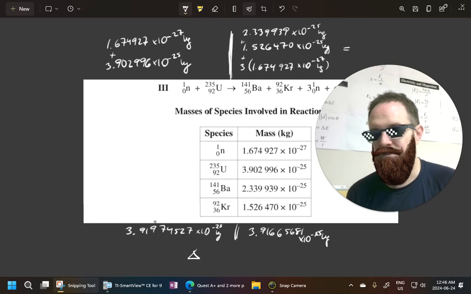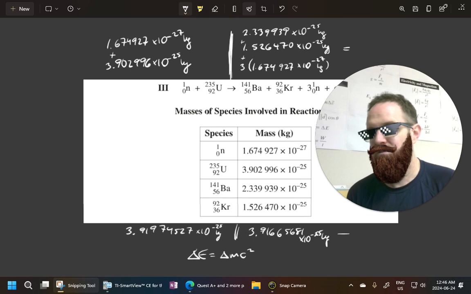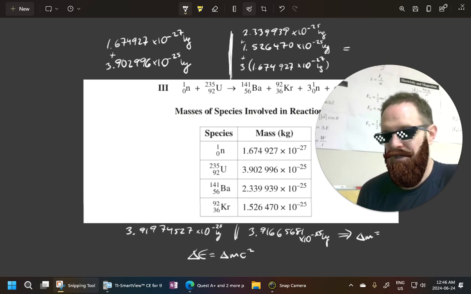Okay, so what I need to find here is my change of energy, which means I need my mass defect, the change in the mass. So what is the change in the mass? I'm going to subtract these 2 numbers. All right, so 3.91974527, e to the negative 25.